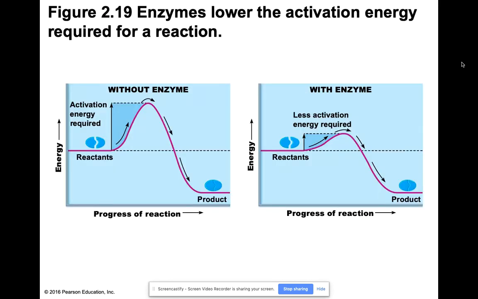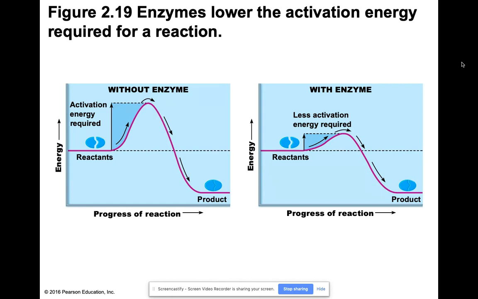So here's an example of what this would look like in the body. In the graph on the left, without enzyme, you have to build up a lot of activation energy before you can actually proceed with the reaction. You see that the reactants and products are there. Then with the enzyme on the right, you can see that the activation energy, that hill, that mountain to climb, is a lot less.